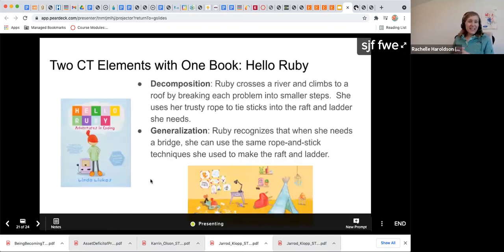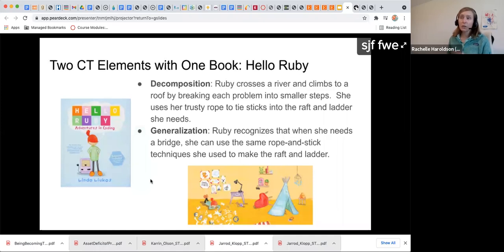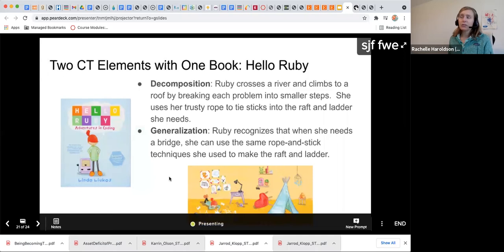Just an example of what it looks like when you have two of the computational thinking elements going on. And a lot of times they're really interwoven with each other. So in Hello Ruby, which is a delightful book and series, Ruby engages in the element of decomposition when she's trying to cross the river, right?